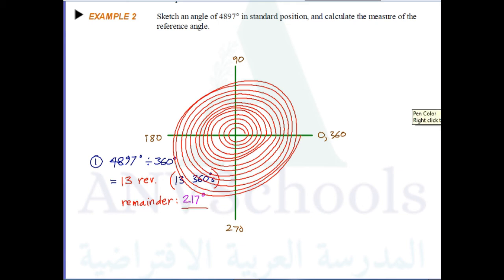Let's use another color. I would like to use blue. So 217 is in between 270 degrees and 180 degrees, right? So my 217 degrees would be, let's just put it here.